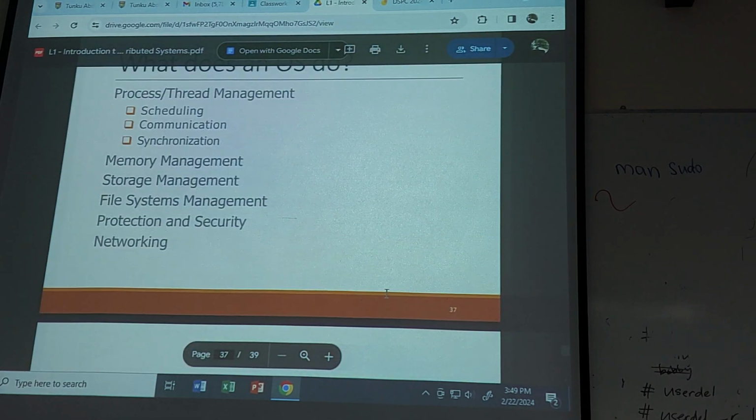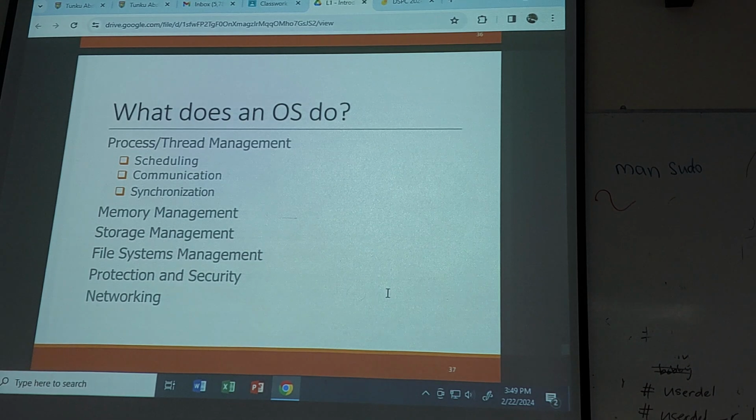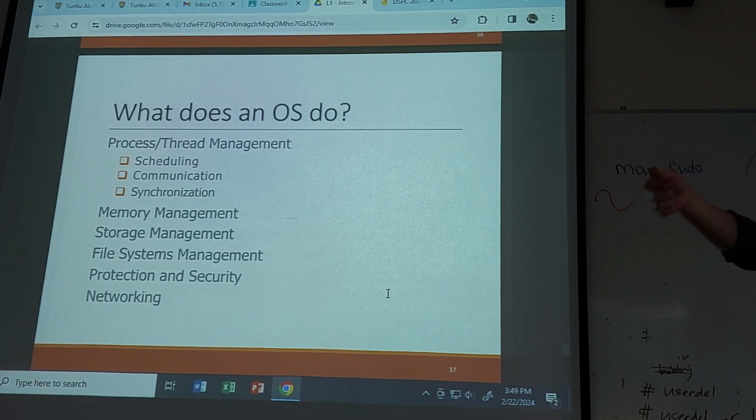So what does the distributed operating system do? It can schedule the tasks on different computers, that means across the network, not only on one computer, just like the normal operating system on a PC. It can do the communication without you needing to know that you're communicating with another computer.